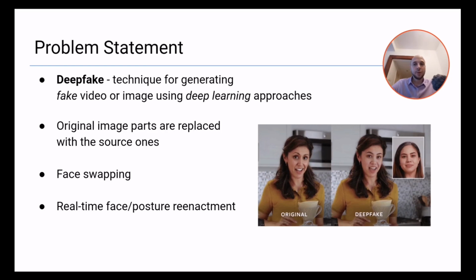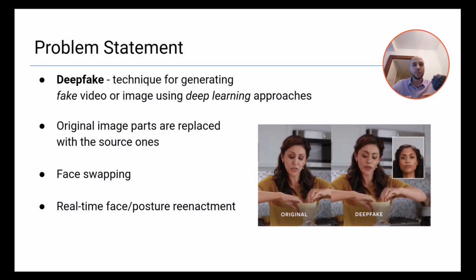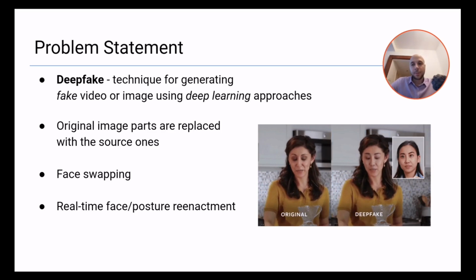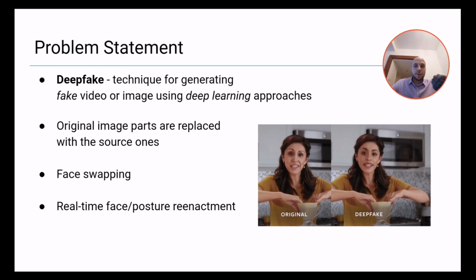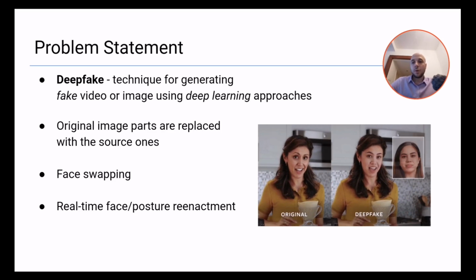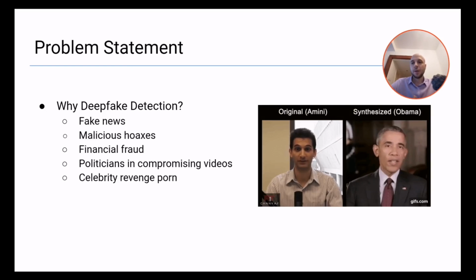Parts of the original image are replaced with the generated images from the source one, as you can see on the image in the slide. It can be either face swapping, as you can see here as example, or even real-time face and even posture reenactment.